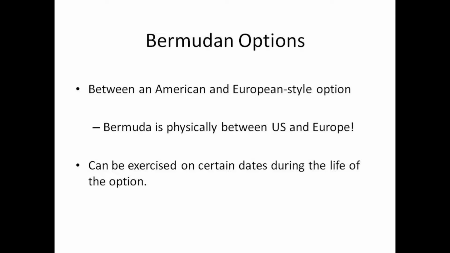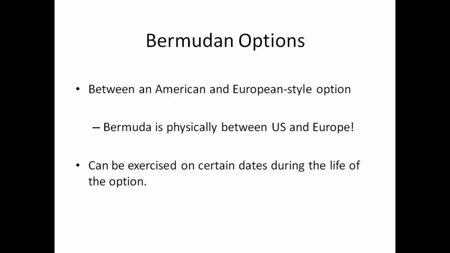Now, obviously you guys realize that we can use a simple binomial tree in order to price a Bermudan option. And all we do is the same type of adjustment that we did when we were pricing an American option, except it's only at certain nodes that you get to make that decision. Now, it probably should also be obvious to you that the price of a Bermudan option is probably somewhere between that of an American and a European option.